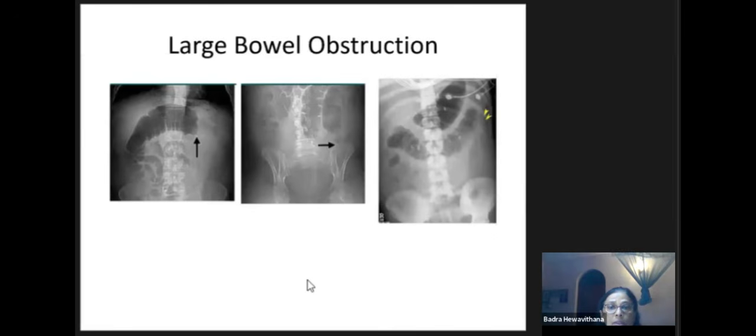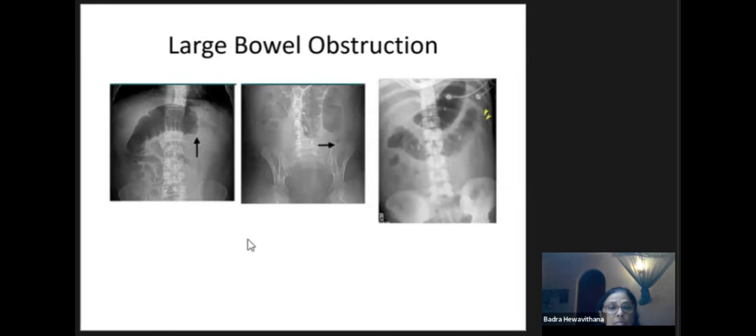So these are some other examples of whether it is obstruction or not. There is a gas cutoff, large bowel distal. So this is at the level of the splenic flexure, and this is at the level of the descending colon, and this is again at the splenic flexure.